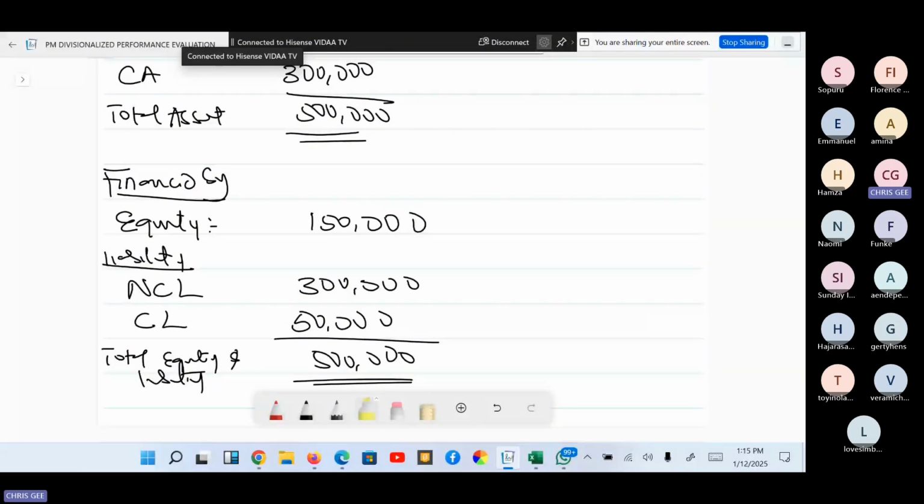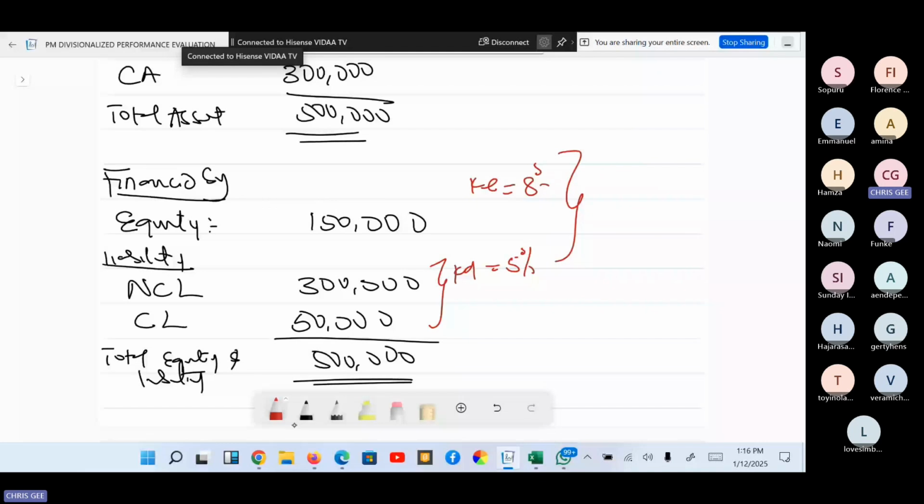And so we are saying we want to get a singular cost that represents the cost of raising this 500. In that case, let's say that cost of equity, KE, is 8%. And let's say our cost of debt, KD, equals 5%.